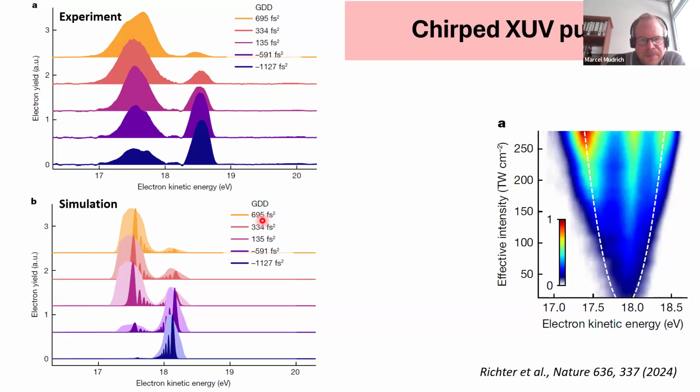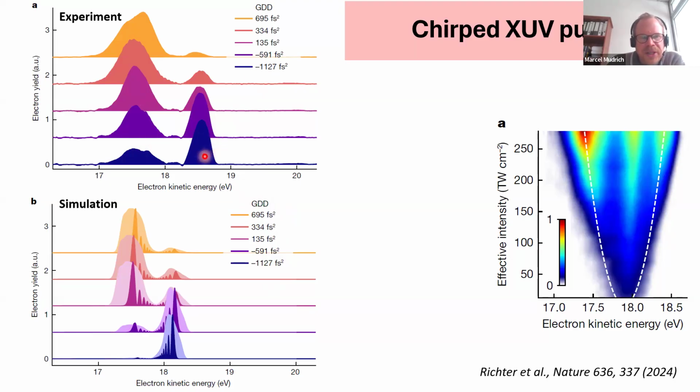So here we could change the GDD in a controlled way, meaning basically we induce both up chirps and down chirps. And we could see that, yes, indeed, it is possible to control the degree of populating the different Autler-Townes states.